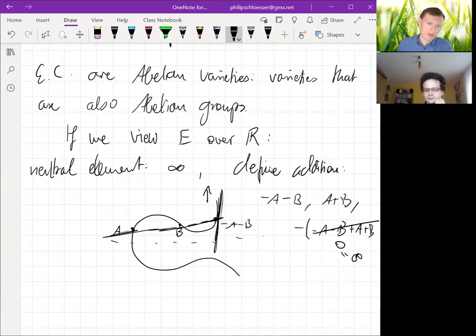So here, this is A plus B. Simpler way of putting this: how do we find the sum of two points? We draw the line through them, find the third point where that line intersects our curve, and then we mirror it at the x-axis.